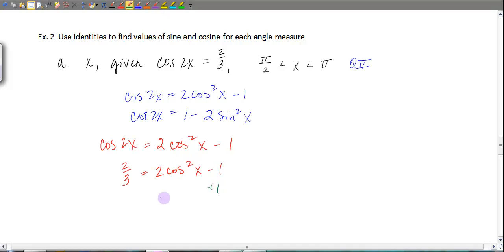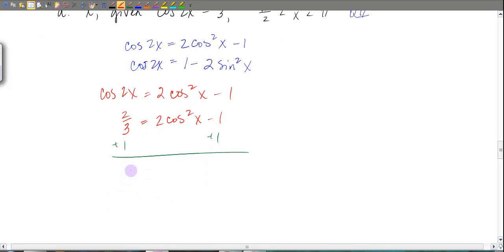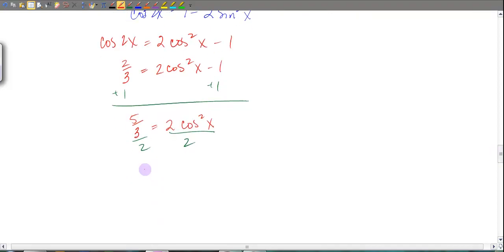We're going to add 1 to both sides. We end up with 5/3 is equal to 2 cosine squared x. So I'm going to divide both sides to get rid of that 2. That's going to give me 5/6 is equal to cosine squared x.